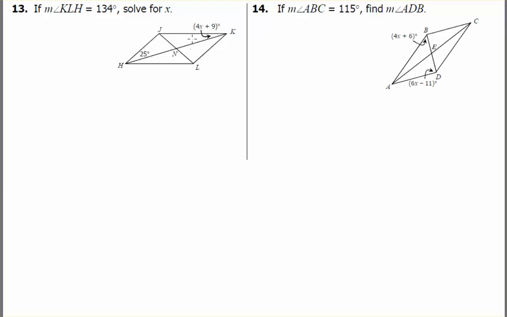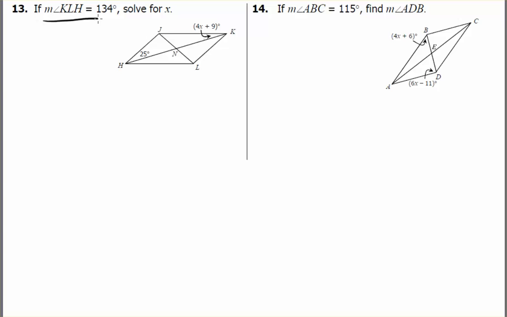We're still looking at angles, but one thing you have to understand for this is that since the opposite sides are parallel, then we end up getting transversals. So you have to utilize those angle pair relationships that we've learned in the past.